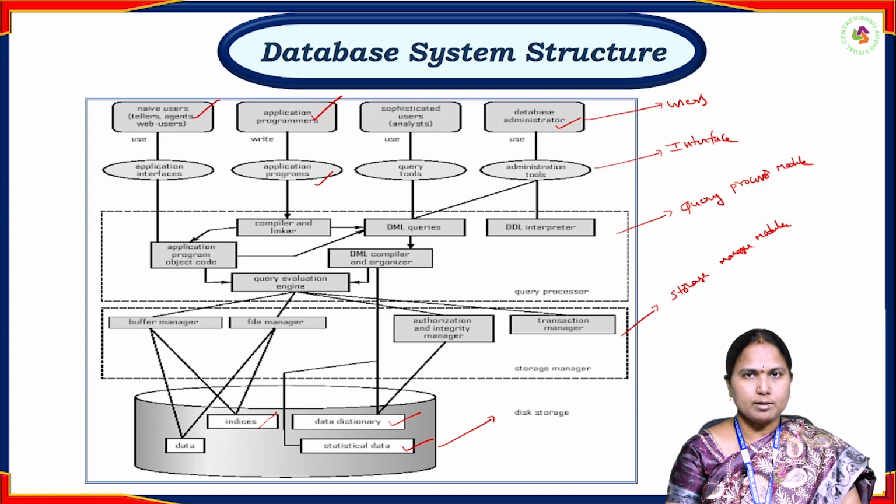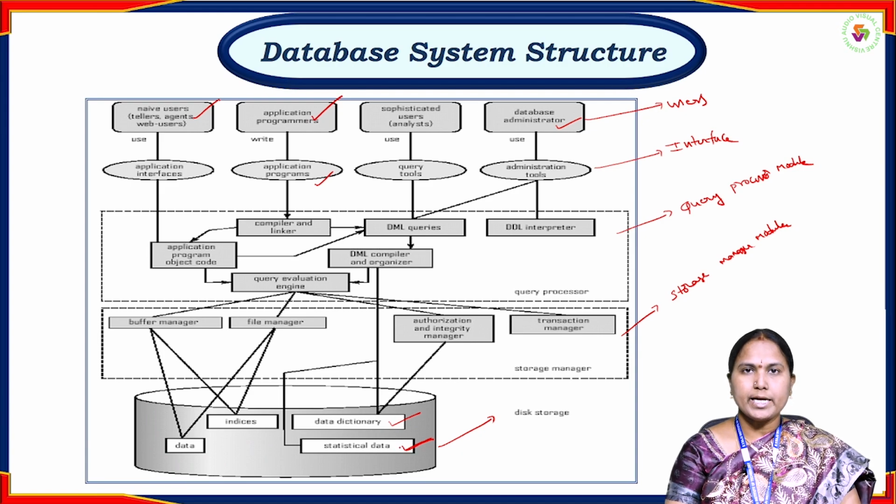Data dictionary means every database's meaning is defined by the data dictionary. Statistical data is, for example, comparing from one year to another year what the population is in India. If you want to verify such data, statistical data can be stored inside this statistical data block. These many types of details we can maintain inside the disk storage.